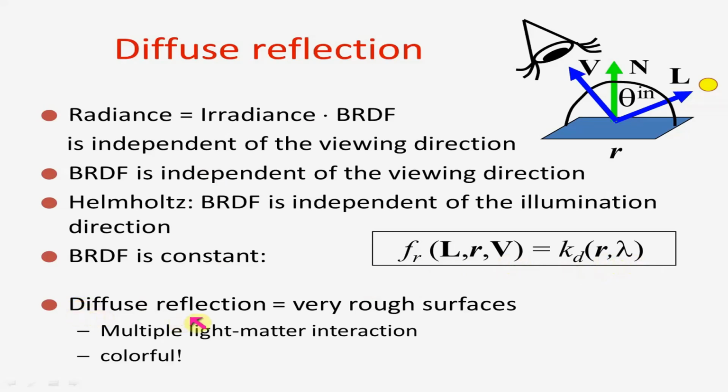Thinking of the microfacet model, diffuse surfaces correspond to very rough surfaces where photons collide multiple times. The Fresnel function describes the change of the color in a single reflection, and for non-metals, the Fresnel function is quite close to white, so there is not too big a difference for different wavelengths.